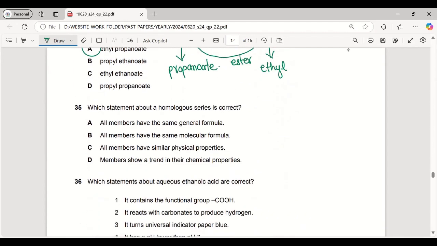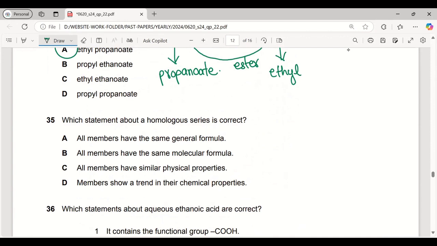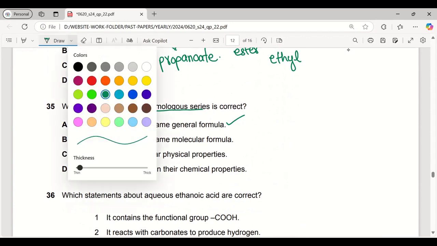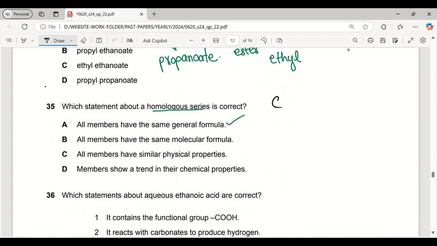Which statement about a homologous series is correct? Now for the homologous series, there are some properties or characteristics. The elements which belong to the same homologous series have the same functional group. So all members have the same general formula. This is correct because if they are from the alkanes family, then all the alkanes have the general formula CnH2n+2.